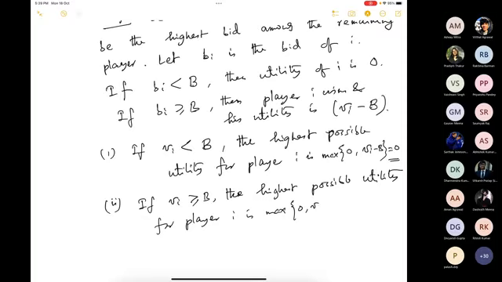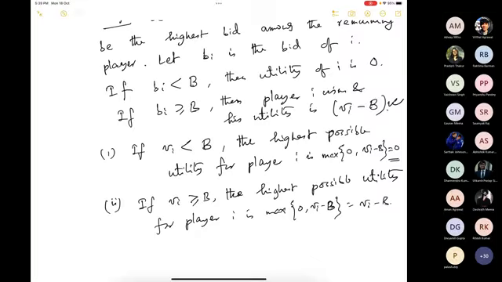If it wins, its utility is Vi minus B. But in this case, Vi is greater than or equal to B, so max is Vi minus B. Now see, if Bi equal to Vi, then Bi is also greater than or equal to B, and in this case, his utility is Vi minus B, the maximum attainable utility.